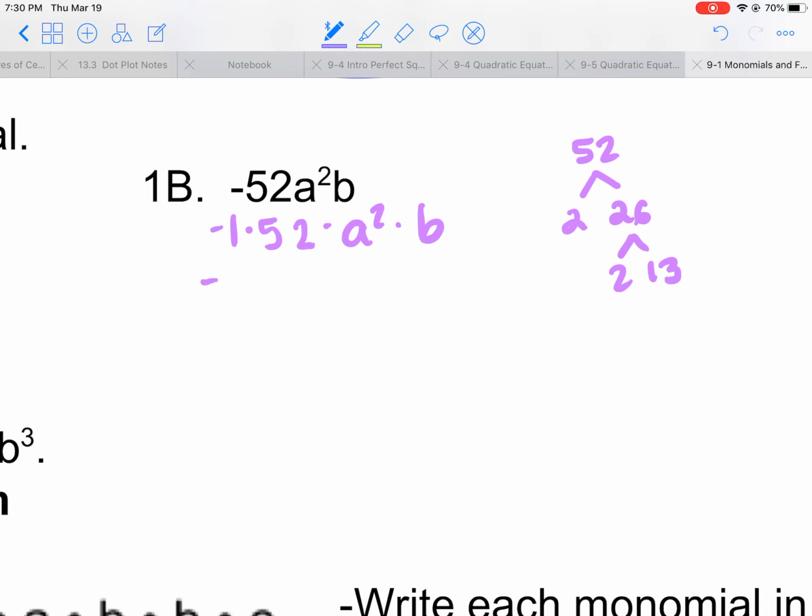So this becomes negative 1 times 2 times 2 times 13 times a times a times b. So that is my monomial in factored form.